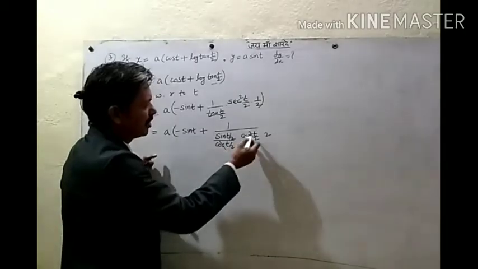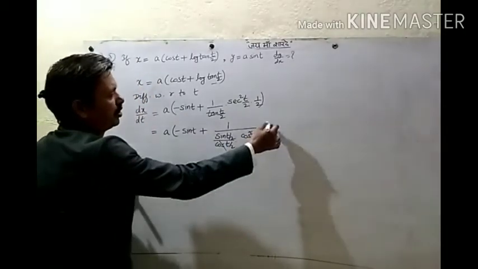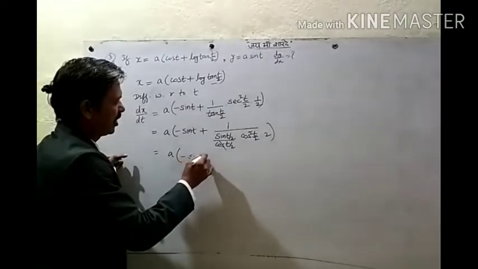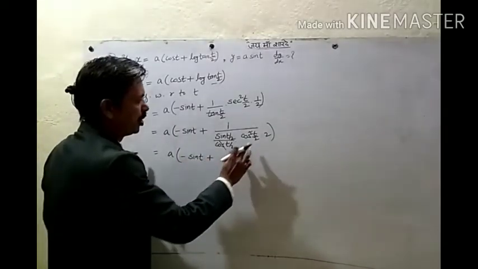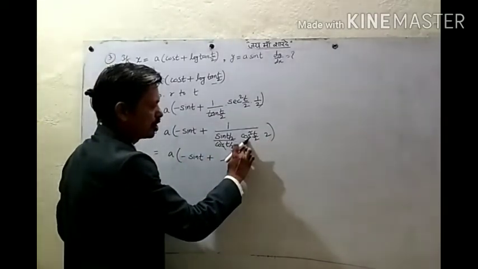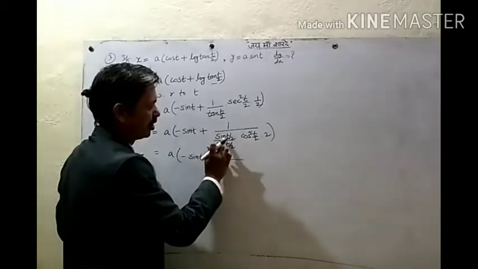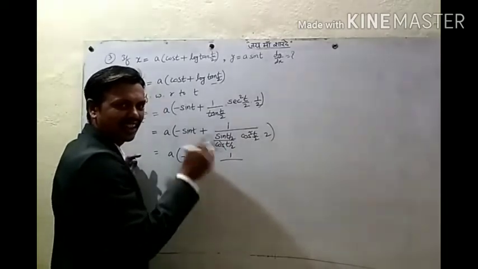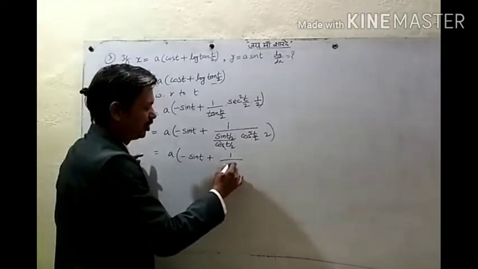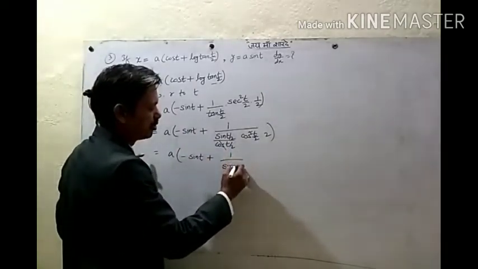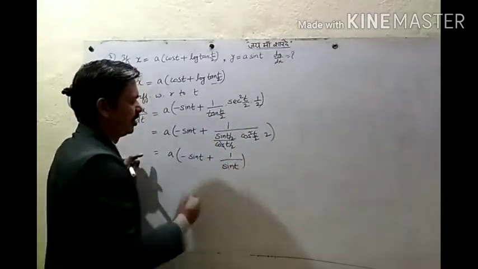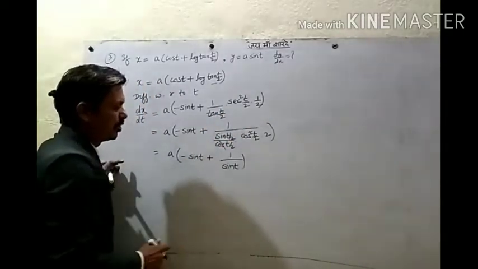One cos t by 2 cancels out. Then what we have? Minus sin t plus 1 upon 2 into cos t by 2 into sin t by 2. This angle is same. So 2 sin a cos a is sin 2a, and here a is t by 2. So you get sin 2 into t by 2 means sin t. So this is sin t.